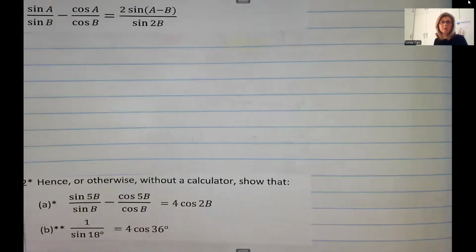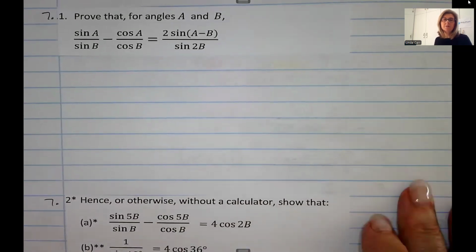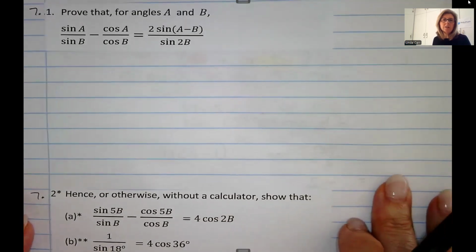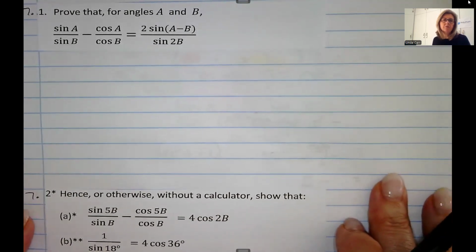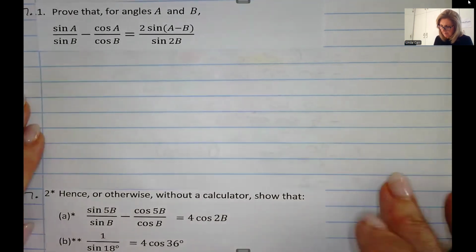Okay, next up, see what this one looks like. It's a prove that again, so it's a proper left-hand side, right-hand side story. This one actually, to me, looks like we might have to do a bit of work on both sides. There doesn't seem an obvious preference for left or right.